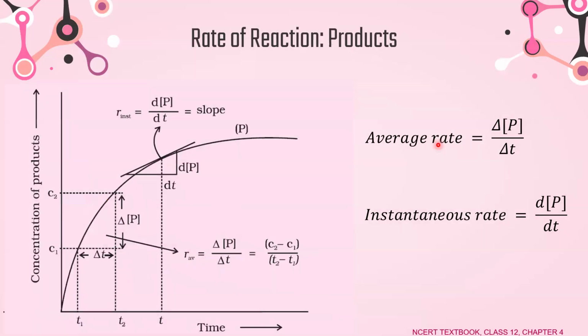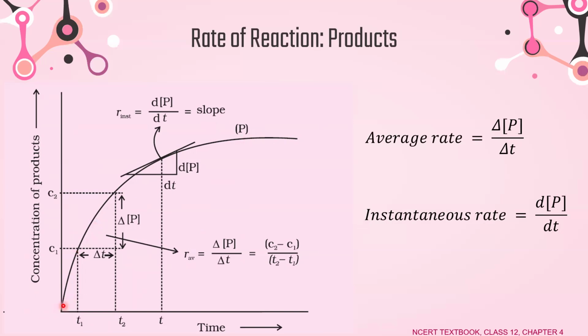Now let's talk about the average rate and instantaneous rate of products. So why does this products graph have an increasing fashion? Because as the reaction proceeds, the reactants are getting consumed, but the products are getting formed.